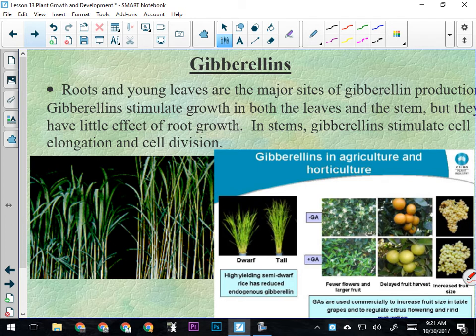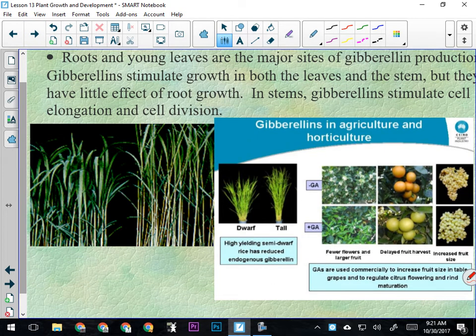And here's one of the things that can happen. Here is foolish seedling disease in rice. This is natural, healthy rice, and this is rice that has foolish seedling disease. It's caused by a fungus that grows on their roots, and it causes an overproduction of gibberellins.